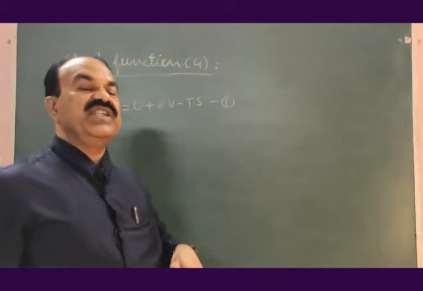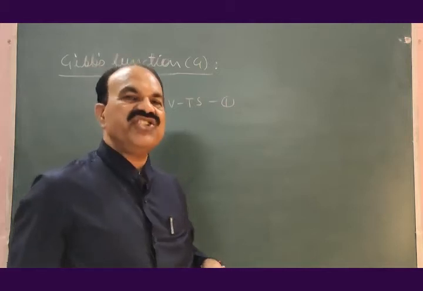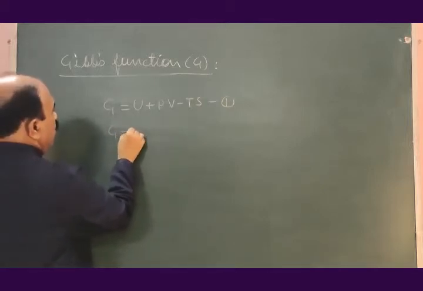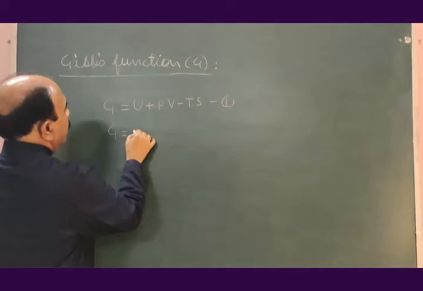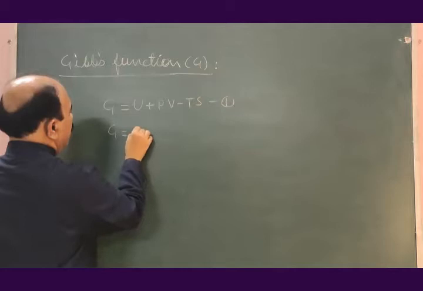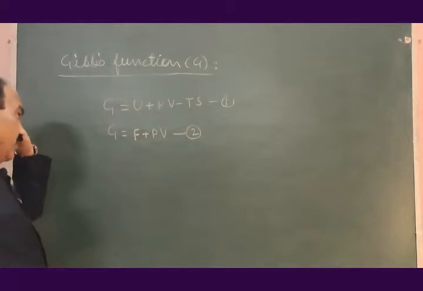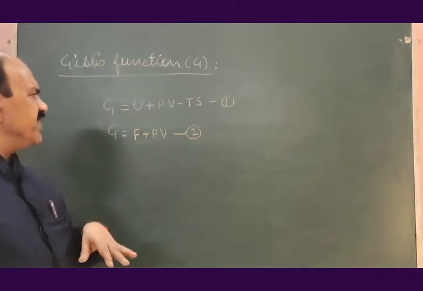Using the equations we studied earlier in the earlier 3 thermodynamic potentials, this may be written as G is equal to, equation for Helmholtz function F is equal to U minus Ts.